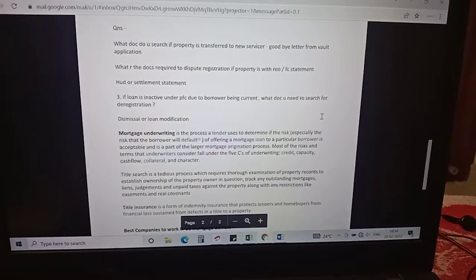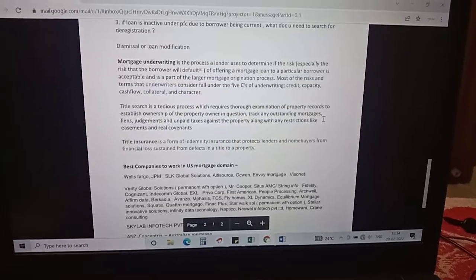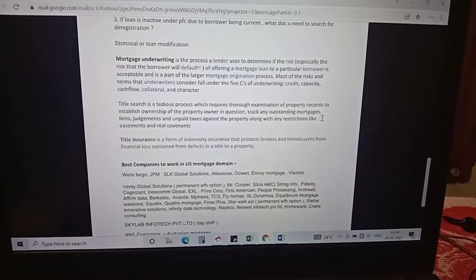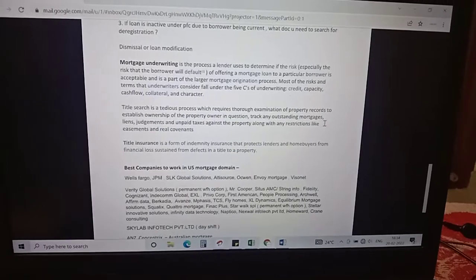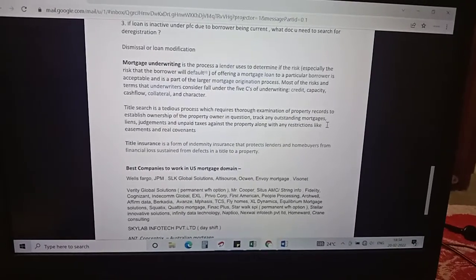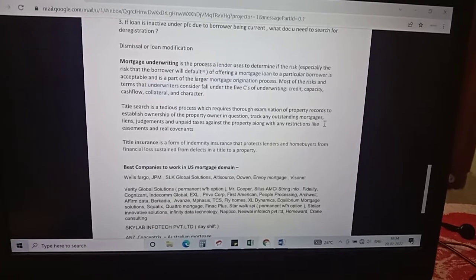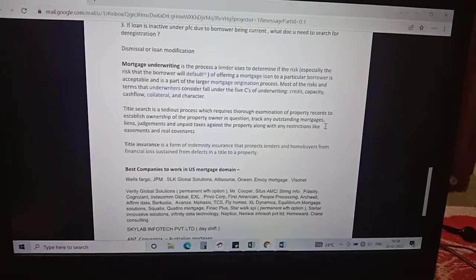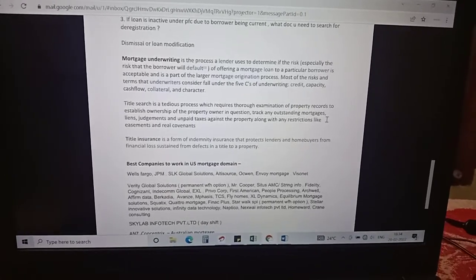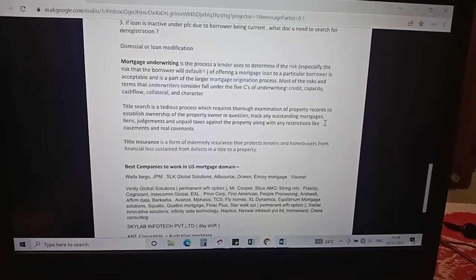And one next interesting topic is US mortgage underwriting. This field has a lot of scope and people tend to go into this field over a period of time. Mortgage underwriting is a process a lender uses to determine if the risk of offering a mortgage loan to a particular borrower is acceptable, and is a part of the larger mortgage origination process.